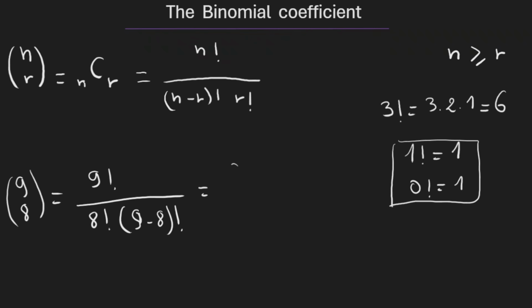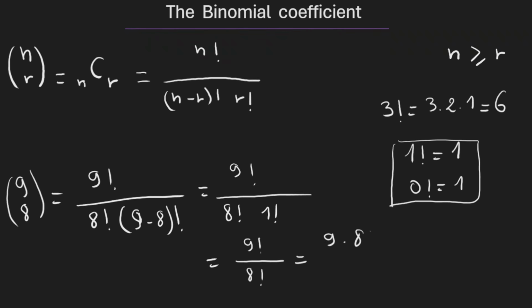So this is equal to 9 factorial over 8 factorial times 1 factorial. Since 1 factorial is 1, this binomial coefficient is equal to 9 factorial over 8 factorial. So 9 times 8 factorial over 8 factorial. There you go. This is equal to 9.